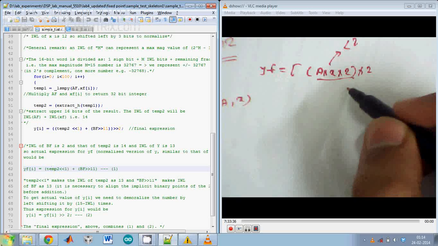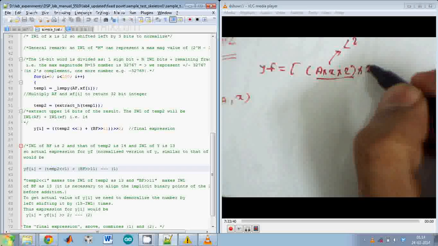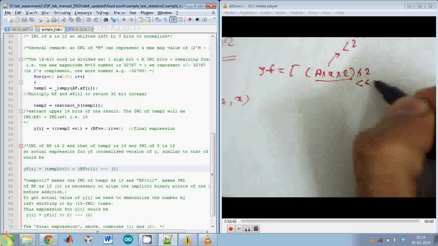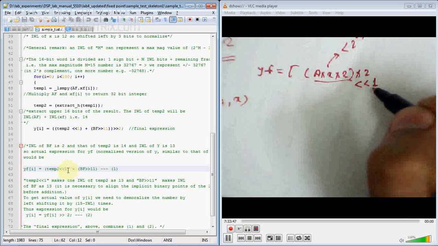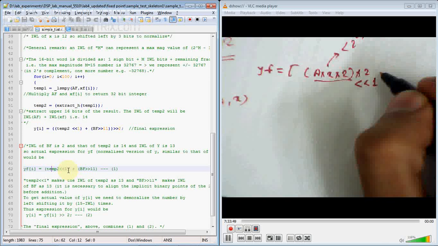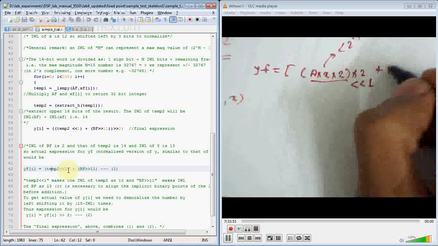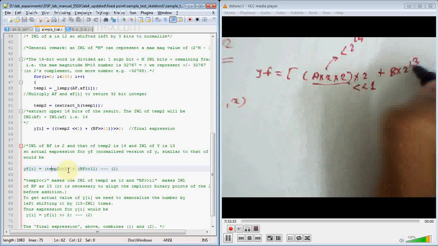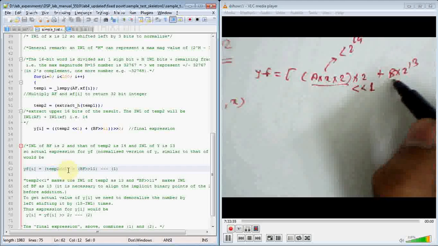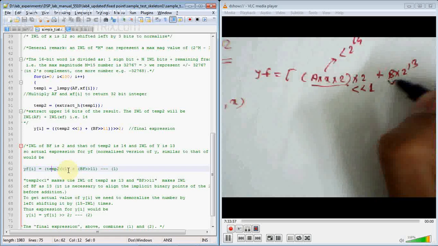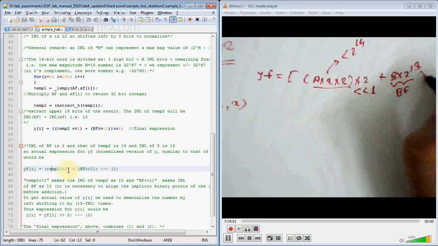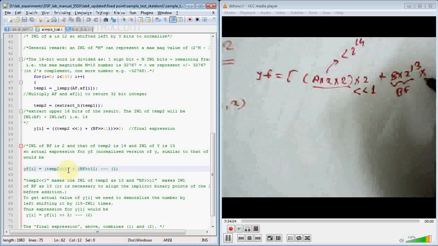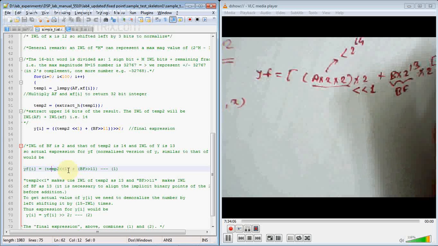So to improve the accuracy of computation by accommodating one more bit after the decimal point, we are shifting it left by 1 by multiplying it by 2, as we have done here, and then plus the term b into 2 power 13, which we have done initially.